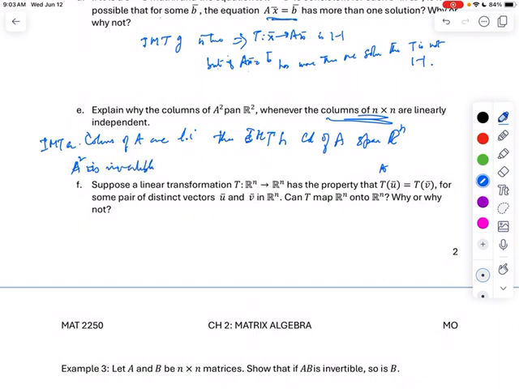So following that, which implies columns of A square are linearly independent, and which implies columns of A square span R2.